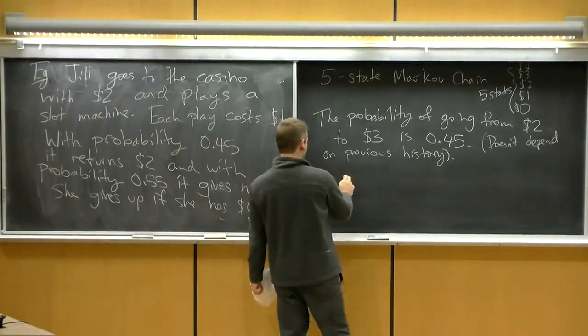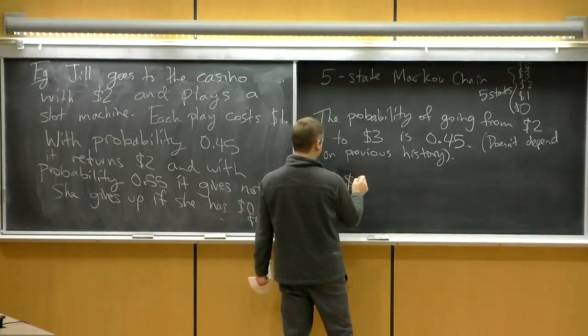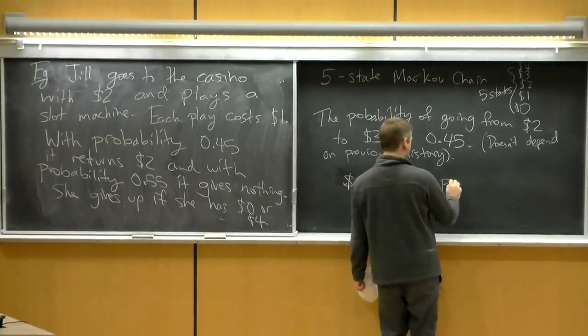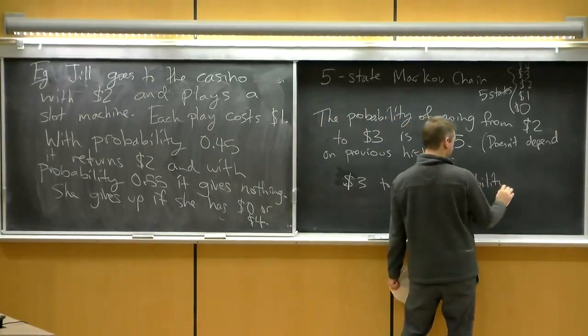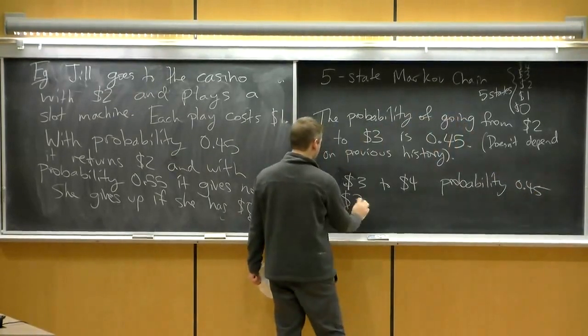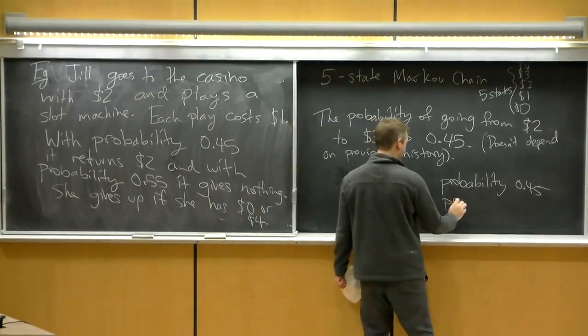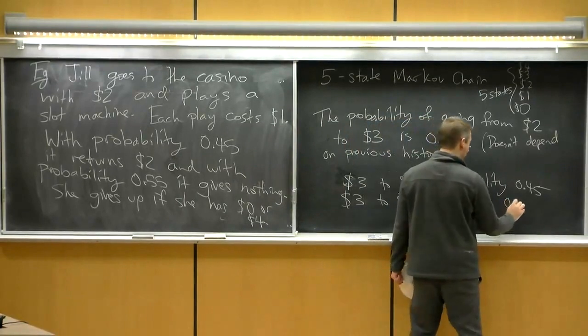So for example, similarly going from $3 to $4 also has probability 0.45, going from 3 to 2 has probability 0.55.